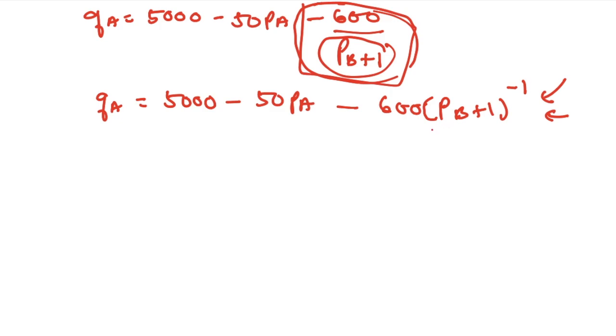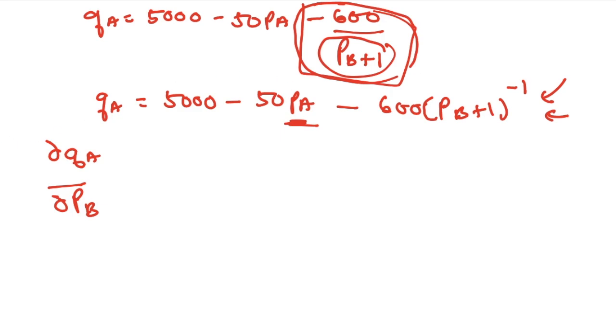Remember, the question asks you what's the relationship between product A and product B. So we are dealing with the first equation first here. So I need to differentiate QA with respect to PB. There is no point to differentiate QA with respect to PA. What's the reason? Because you are not answering the question.